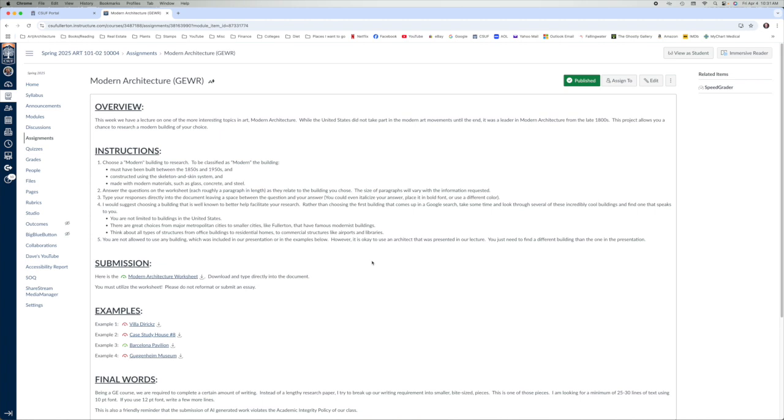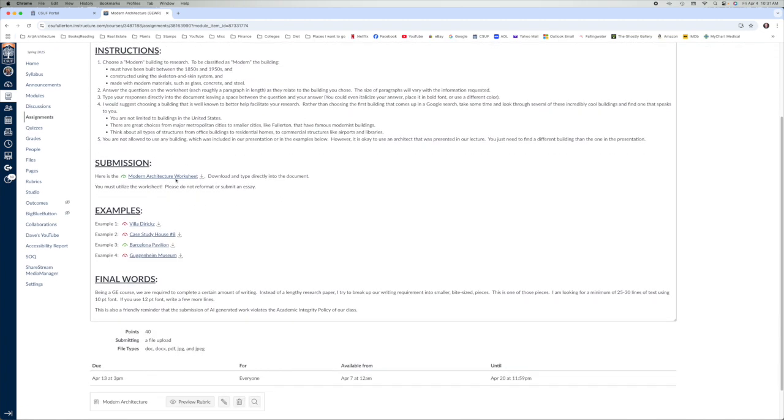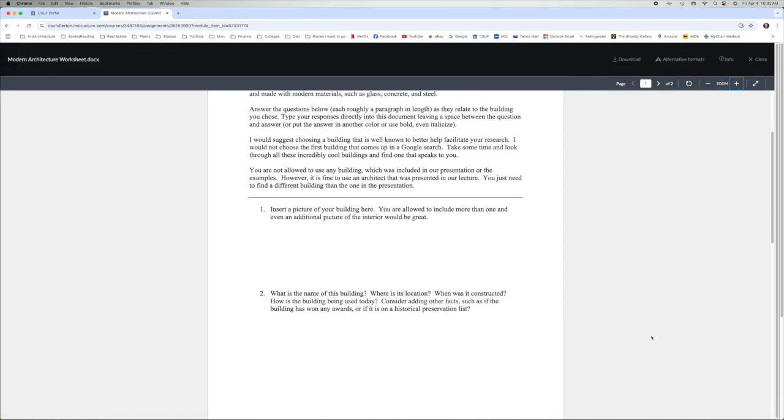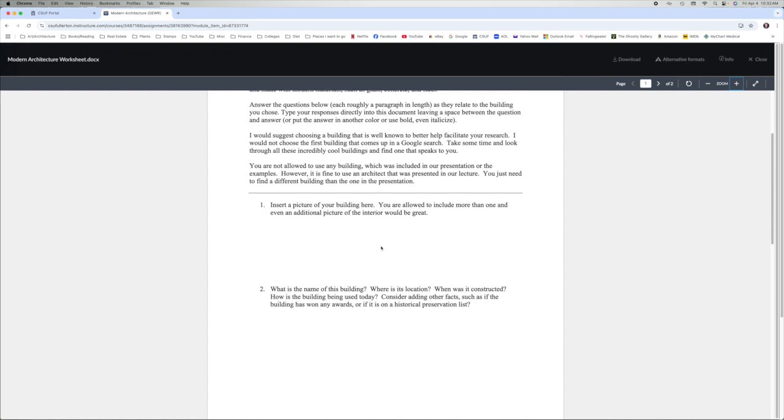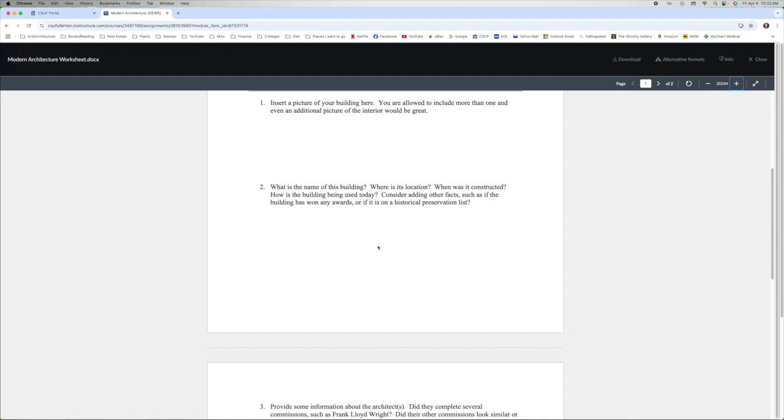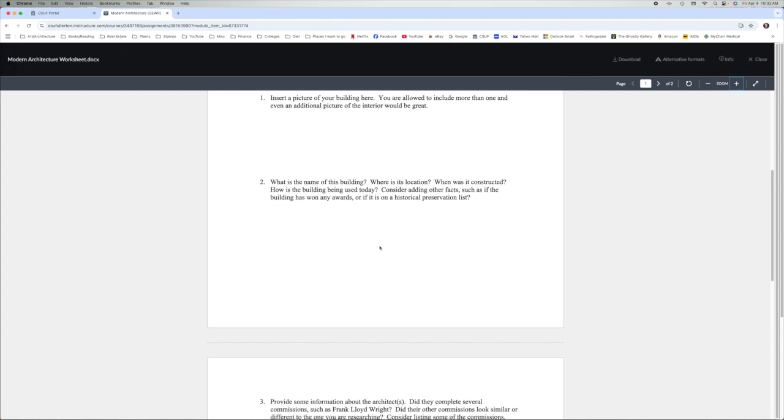So you're going to choose a building and you're going to discuss it in this modern architecture worksheet. The first thing you're going to do is go ahead and insert a picture or a couple of pictures of the building here. Question 2 deals with the facts, the name of the building, where it is, when it was constructed, things like that.